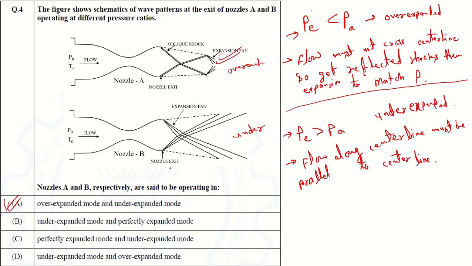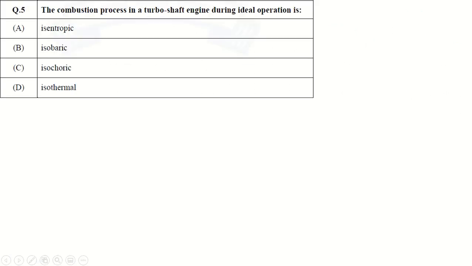And here the flow along the center line is parallel to the center line after the reflection. So it is the condition for underexpanded. And one more condition is PE is greater than PA for underexpanded, and PE is less than PA for overexpanded. So according to these conditions, A is overexpanded and B is underexpanded mode. So A is the right option.